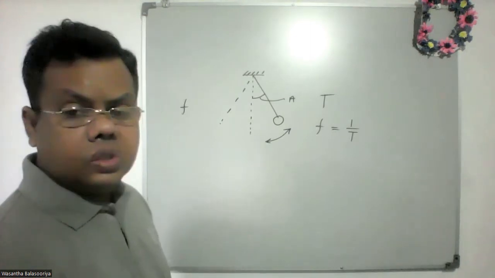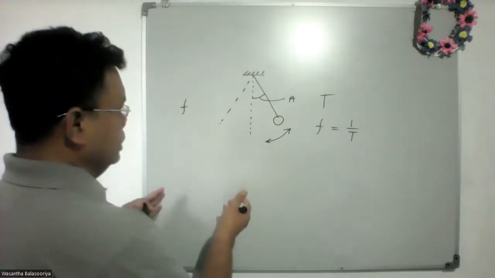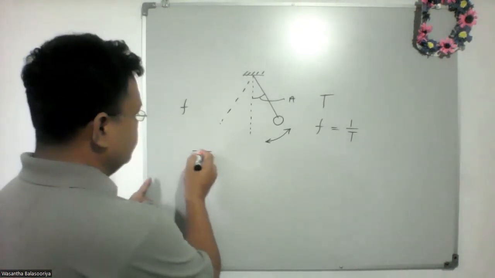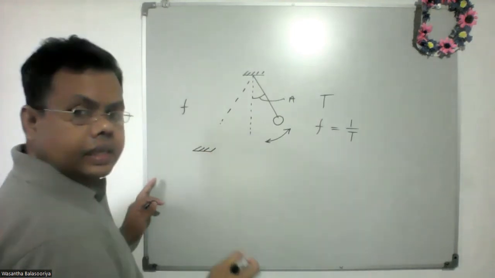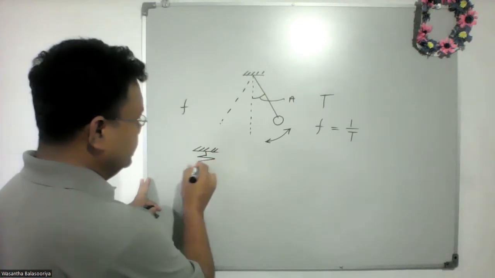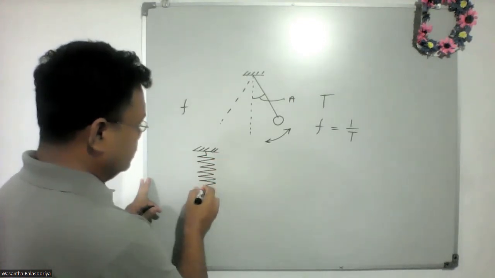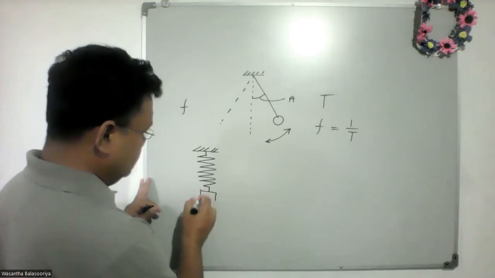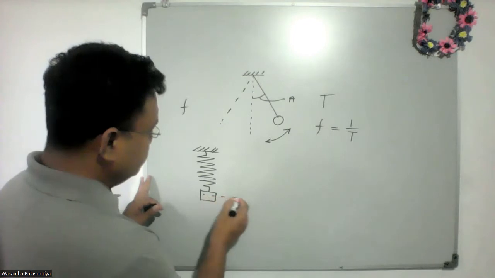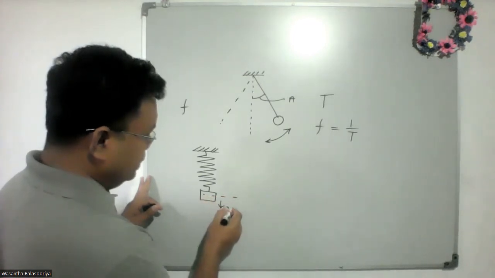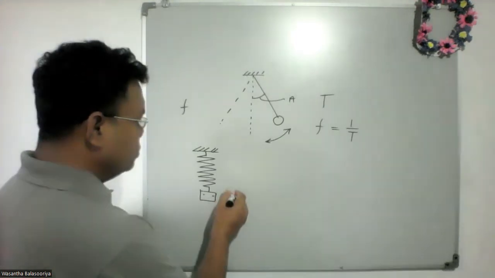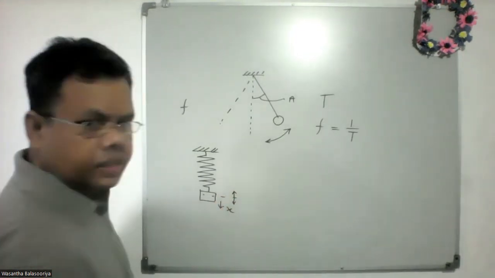Another example for simple harmonic motion is if we think of a mass hung by a helical spring. If we displace it slightly from the equilibrium position and then release, then it will undergo a simple harmonic motion.